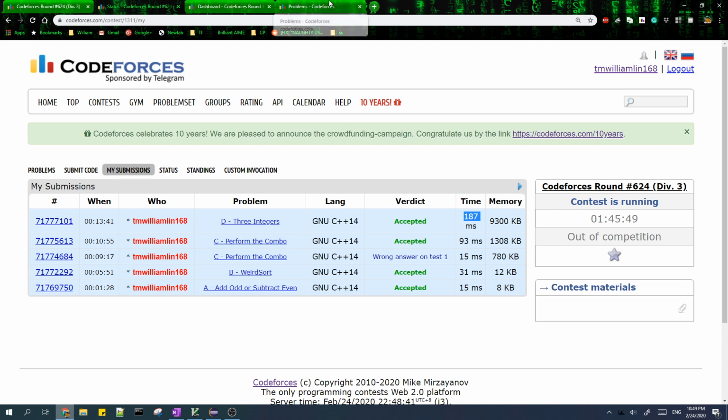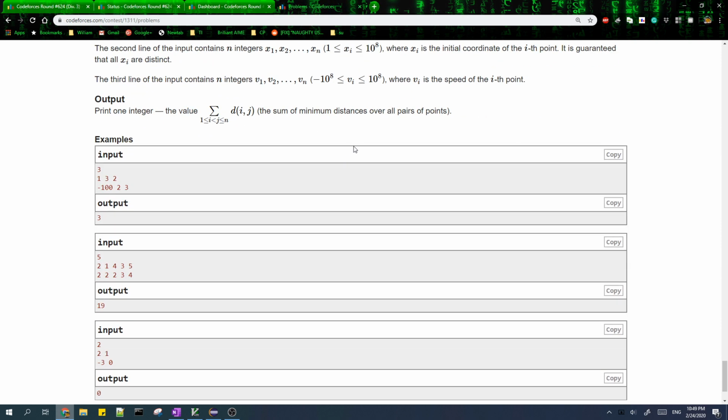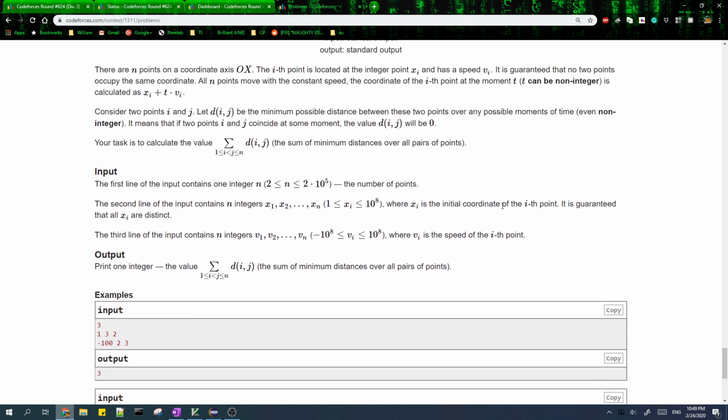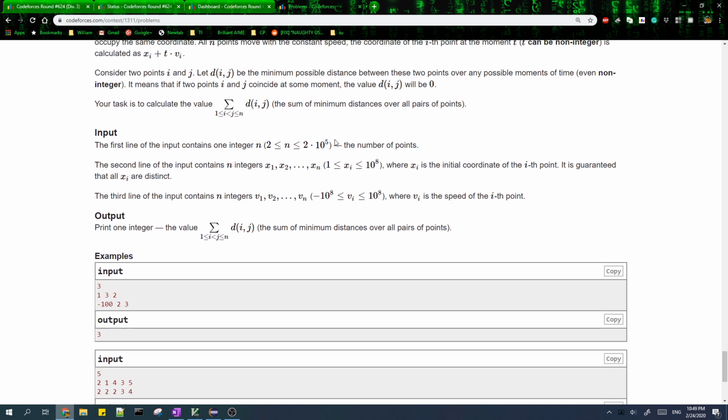Slept it. Okay, it's probably fast enough. X is the... It's funny how it took less time to solve D than B or C.